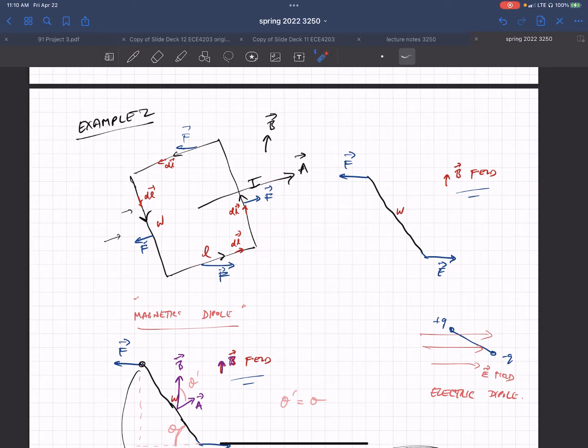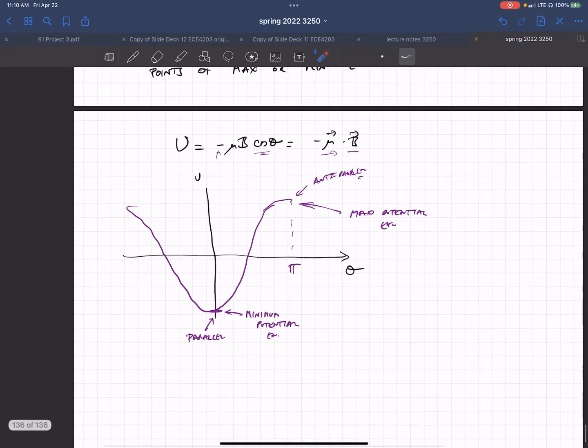So they're both equilibrium cases, but just like the electric dipole, one of them is really stable. It's like a pebble or a marble sitting at the bottom of the hill. If it gets a little bit of disturbance, it's going to come back to this minimum energy case.